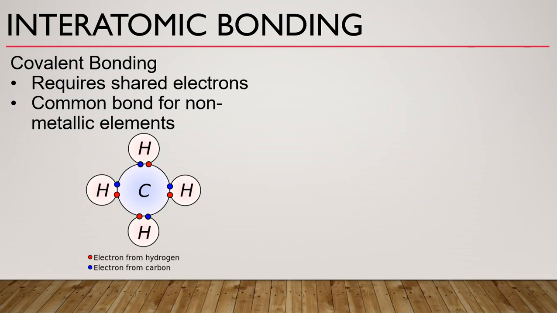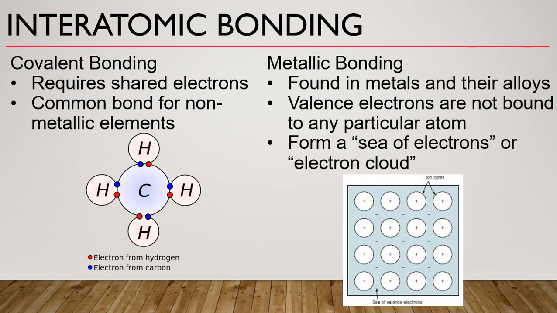So, ang tawag dyan is they shared their electrons. Kaya nakabuo tayo ng CH4, which is composed of 1 carbon and 4 hydrogen, and CH4 is also called methane. Okay? Again, covalent bonding is common bond for non-metallic elements.